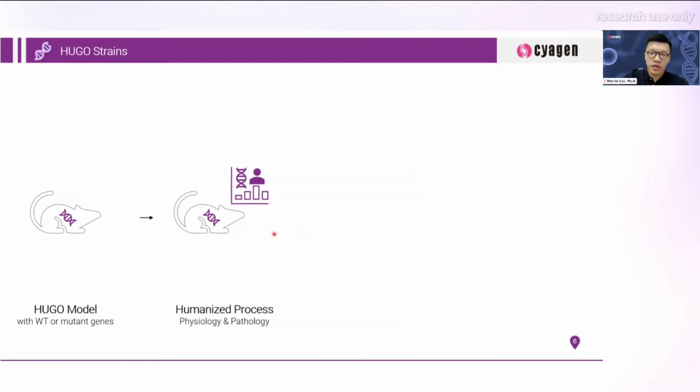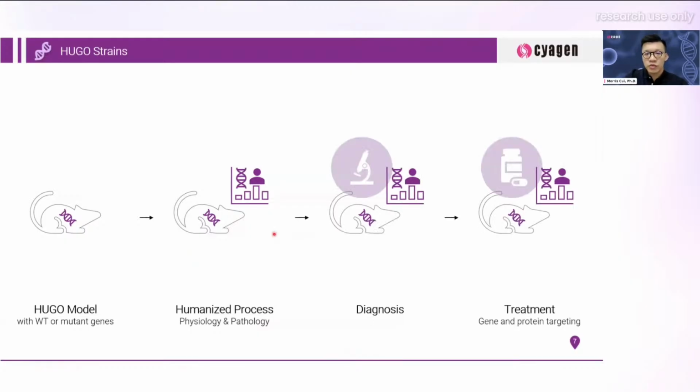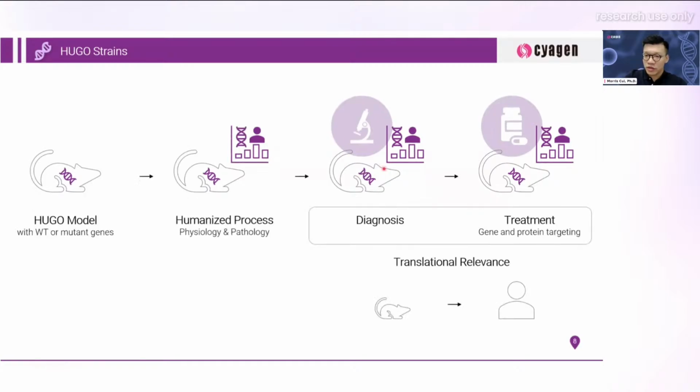With this kind of humanized process, we could be using this kind of mouse model for diagnosis of human diseases and also for testing treatments for human diseases. As this is closely related to human, we call it translational relevance. And it can be used vastly in the research field we call translational medicine, where we use mouse models to study human disease.